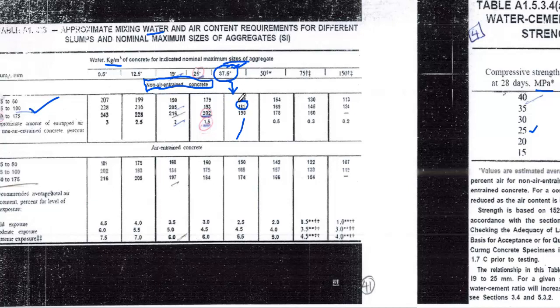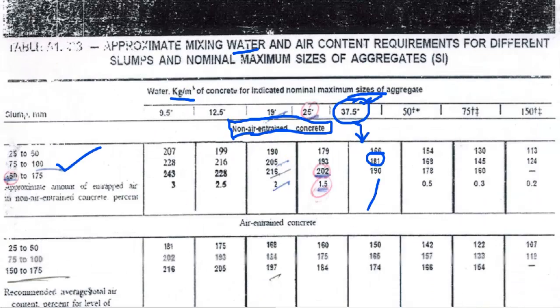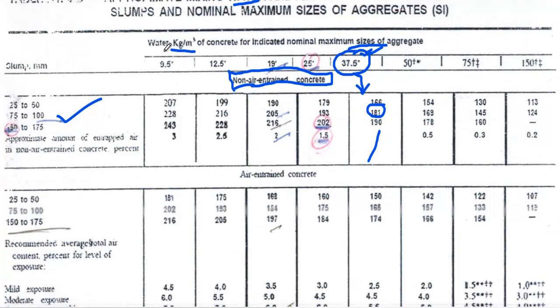So for this one this is the chart. The second row you can see 181 is the amount of water, in kg per meter cube. Up to this clear?